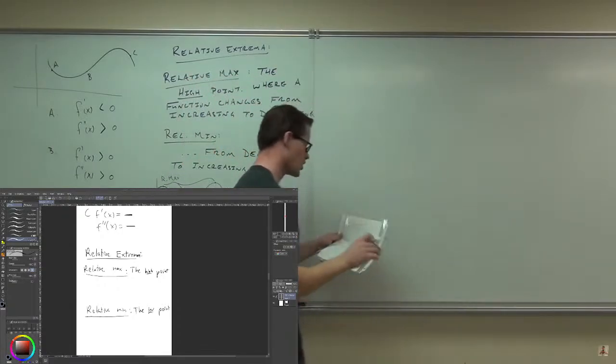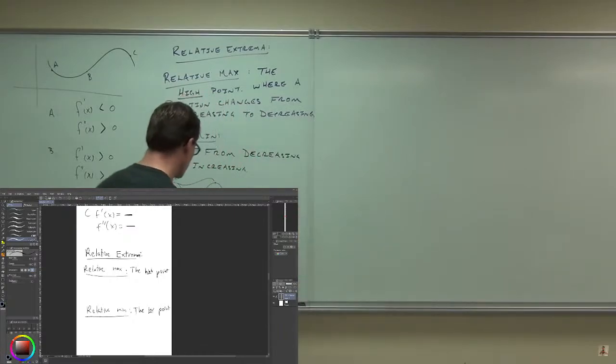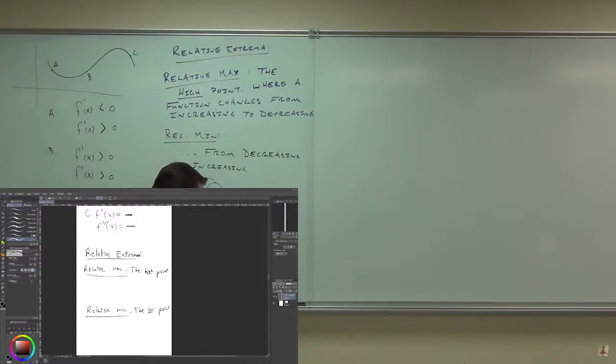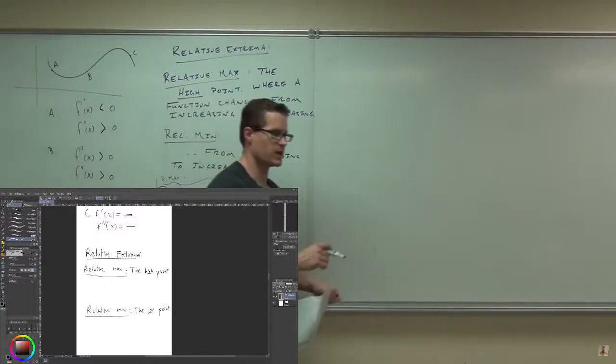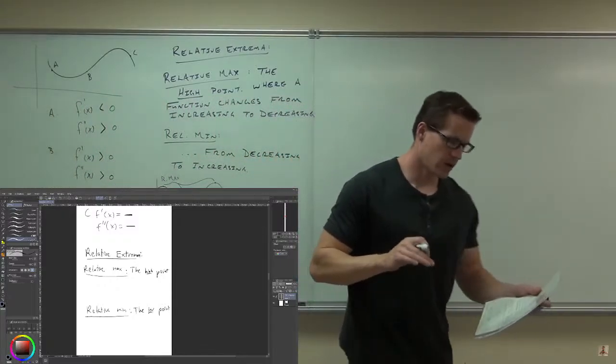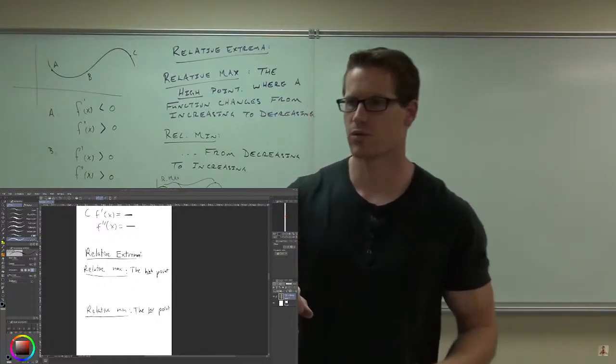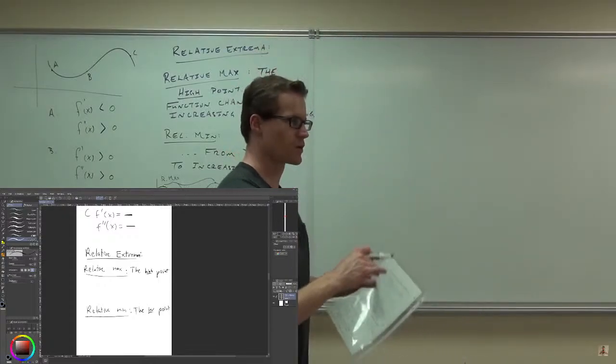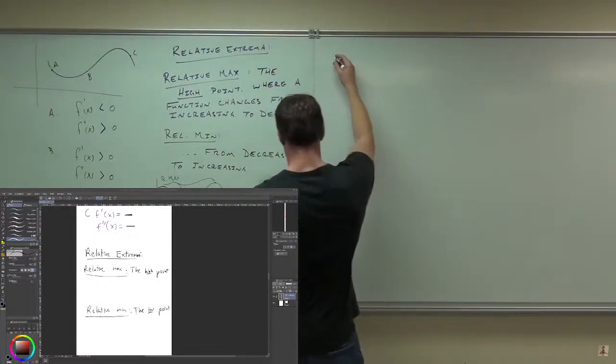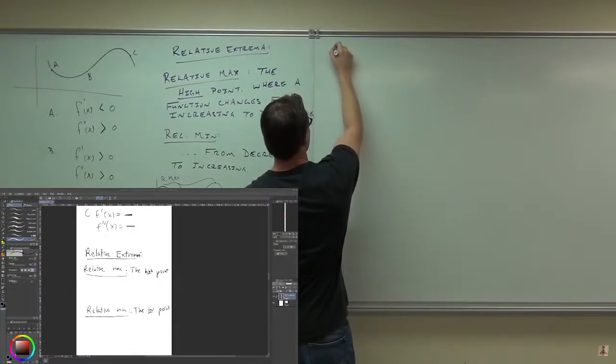So what's happening to the slope at a relative max or min? The slope is 0. So at all these points, note the slope is 0 for the relative max, relative min. The point at which a curve has a horizontal tangent, or in other words, the slope is 0, is called a critical number or critical point. That's a little definition.